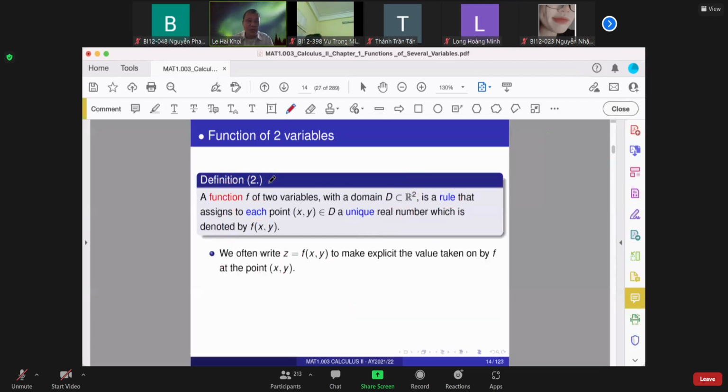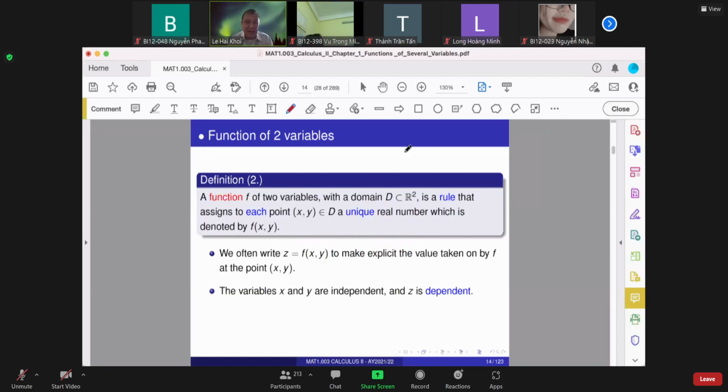So usually we write more explicitly z equal to f of x, y to understand that for each point x, y, f is evaluated at this point and gives the value z. Okay.